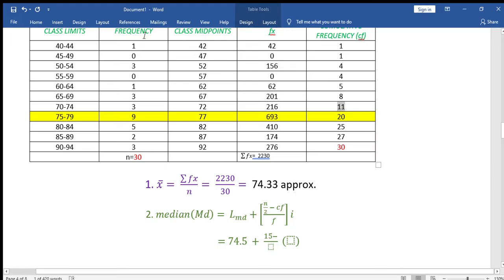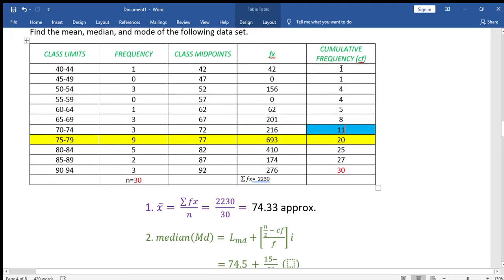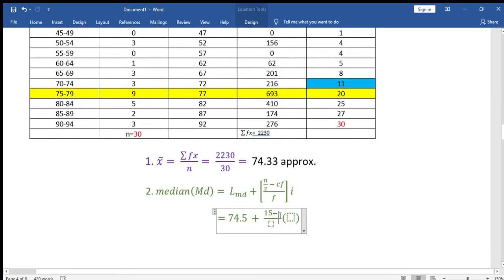It's 11. Below it. We cannot use 25 because if you'll be using 25, it's not below, but that is above. Why? Because if you're going to see your cumulative frequency, we start at 1, then it ascends. So when we say below, we expect that the value is lower. So 15 minus 11, I'm sorry.